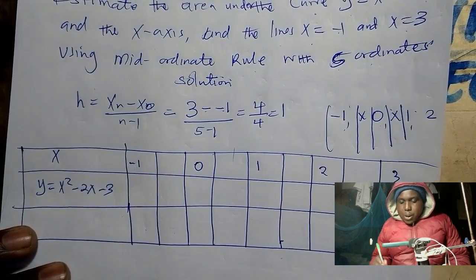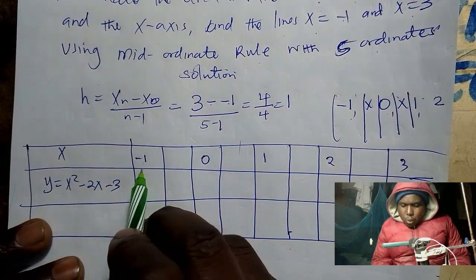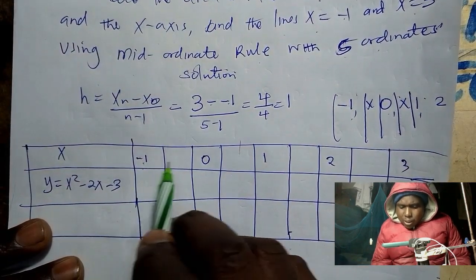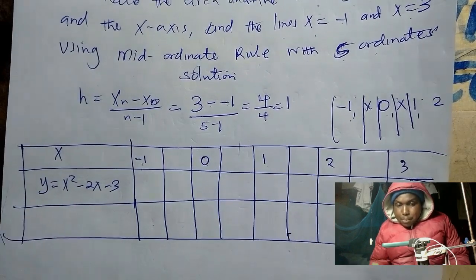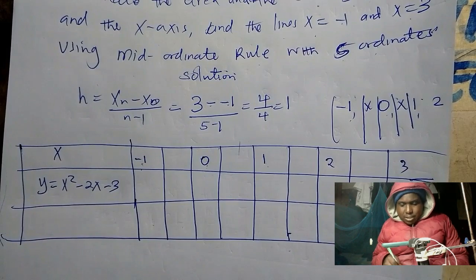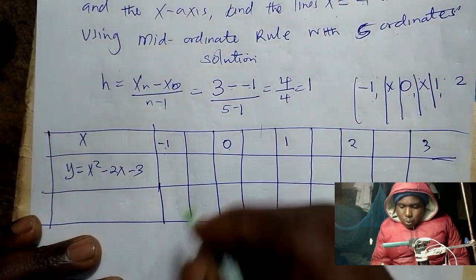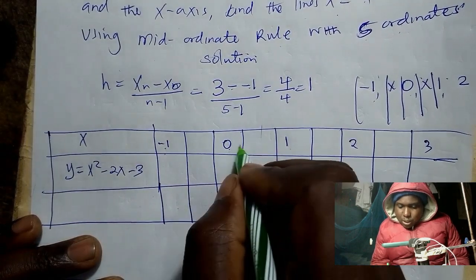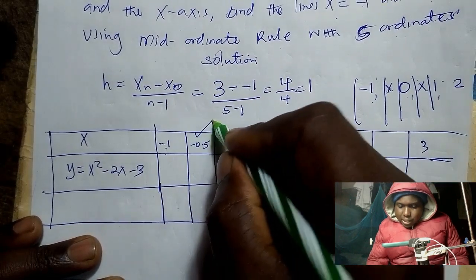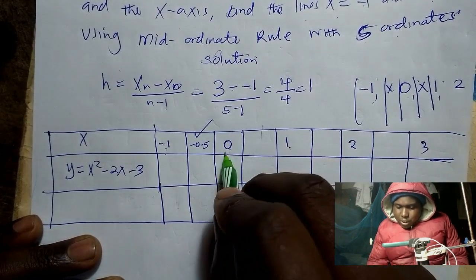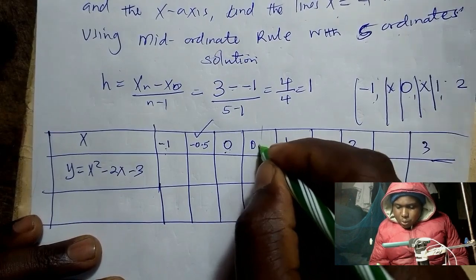But we want the mid ordinates. So what is between -1 and 0? What is between 0 and 1? Mid ni katikati. So we are interested in the mid. So the mid here is -0.5. And that is what I want. The mid between 0 and this is 0.5.